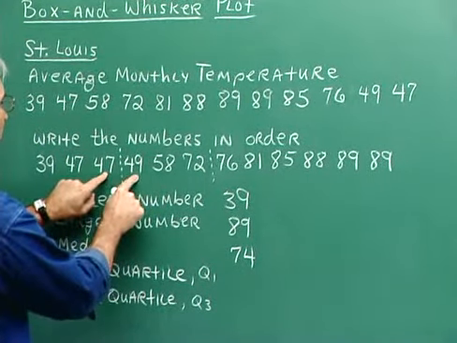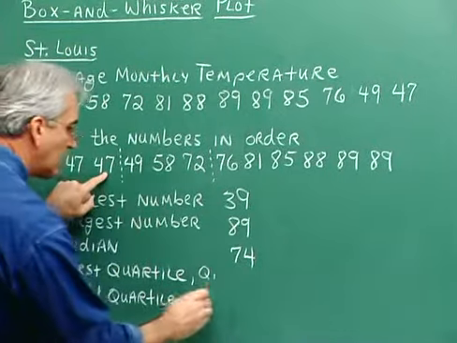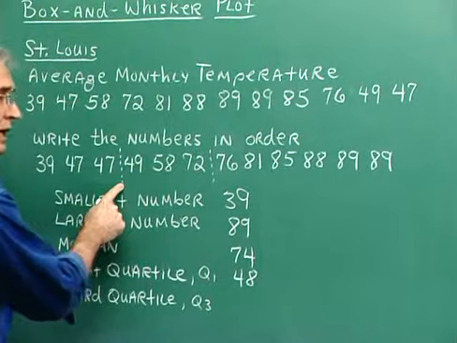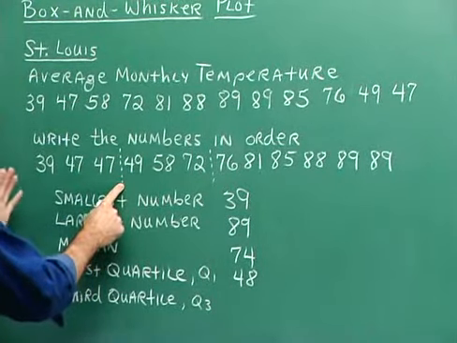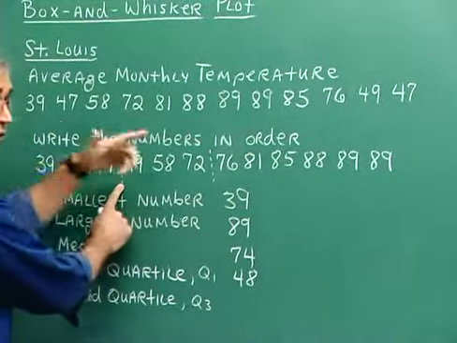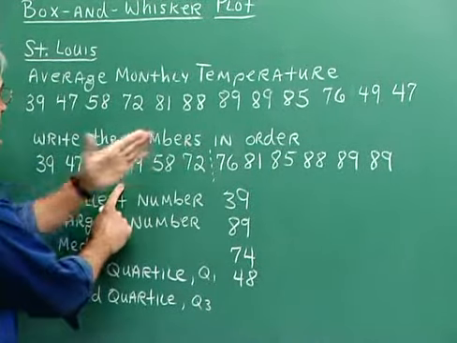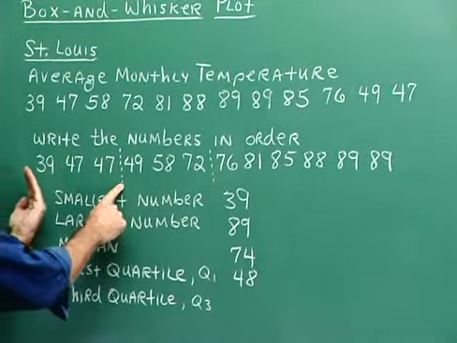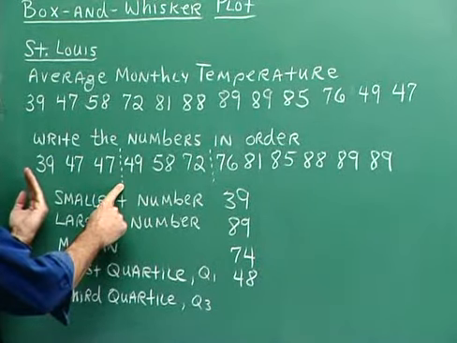Between 47 and 49 is 48. So 48. Now the significance of a first quartile number is this, that exactly 1/4 of, or 25% of the data values will lie below that first quartile number, the first quartile.